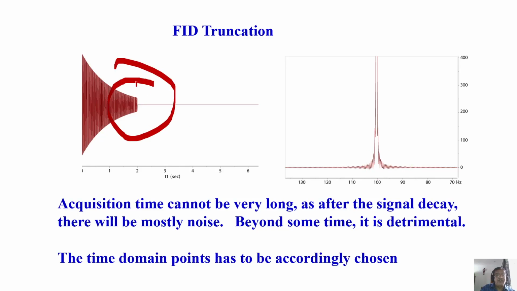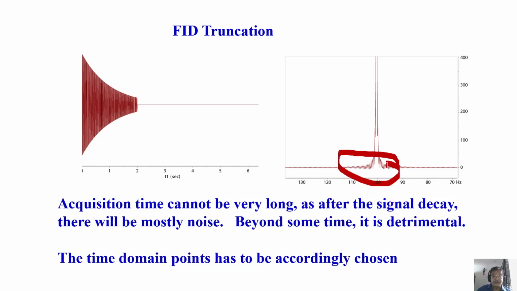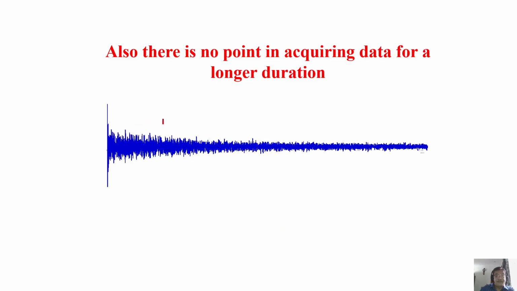So if the FID is truncated, not fully allowed to decay, after Fourier transformation you get spikes like this on either side of the peak. They are called sinc function artifacts, sinc peaks. So the FID should not be truncated. You have to ensure it decays completely. Till then, you have to collect the signal. Like this, it has to decay.